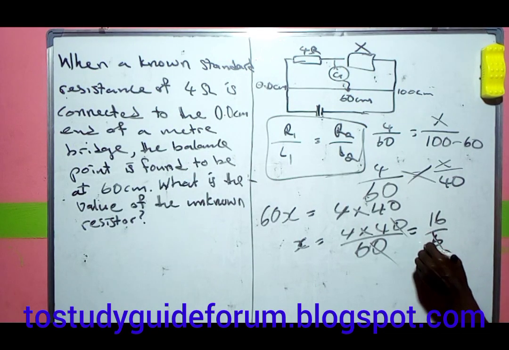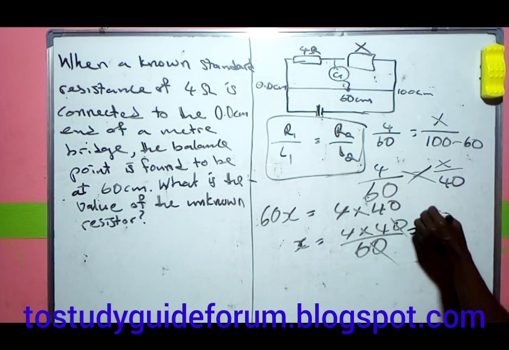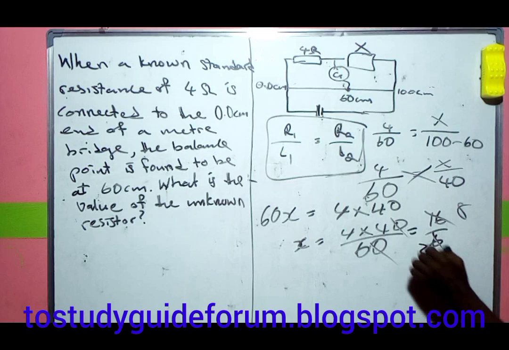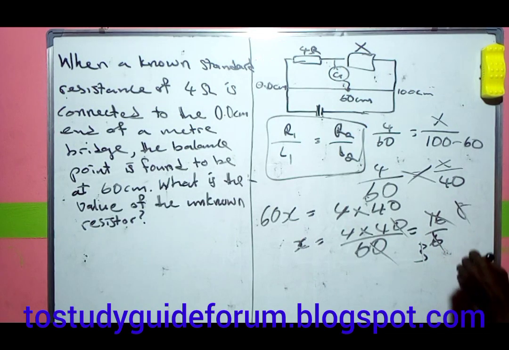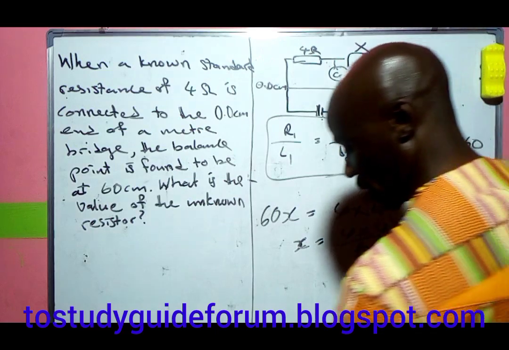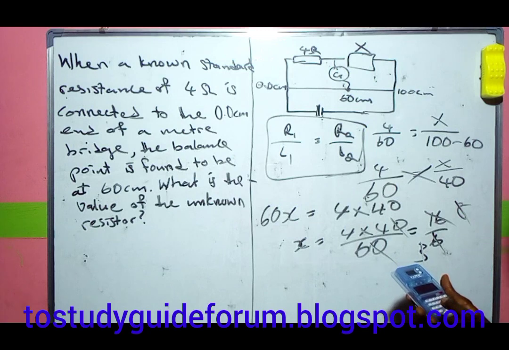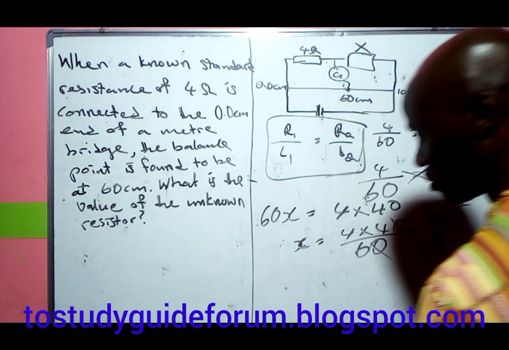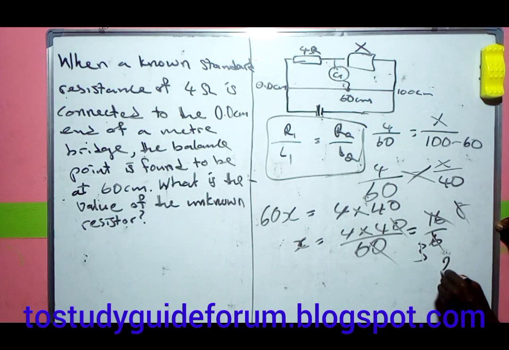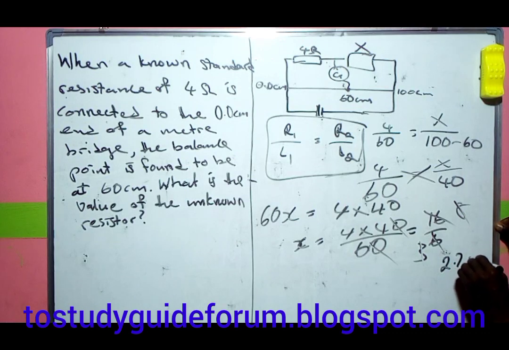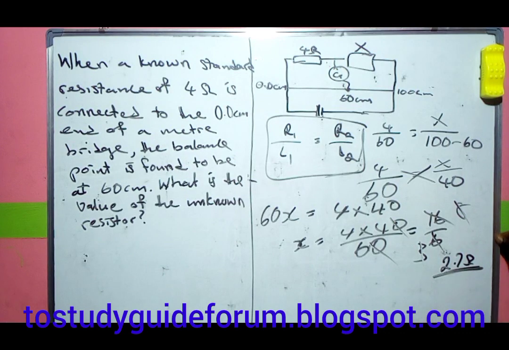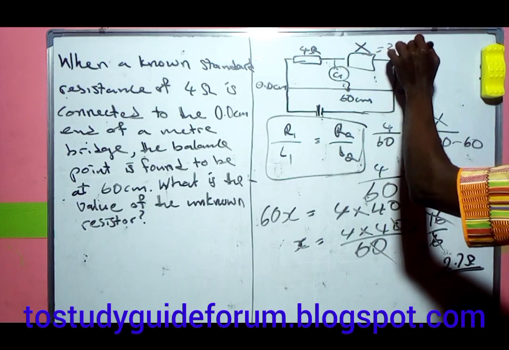Let me use the calculator to do this fast. 16 divided by 6 will give us 2.7 ohms. That will be the value of x, the value of s. That means s here is equal to 2.7 ohms.